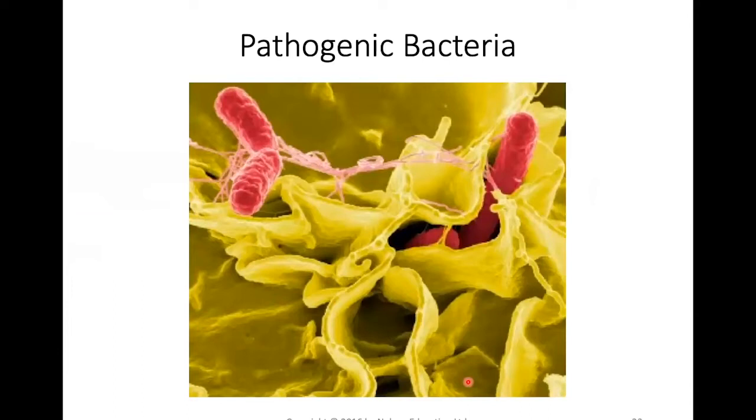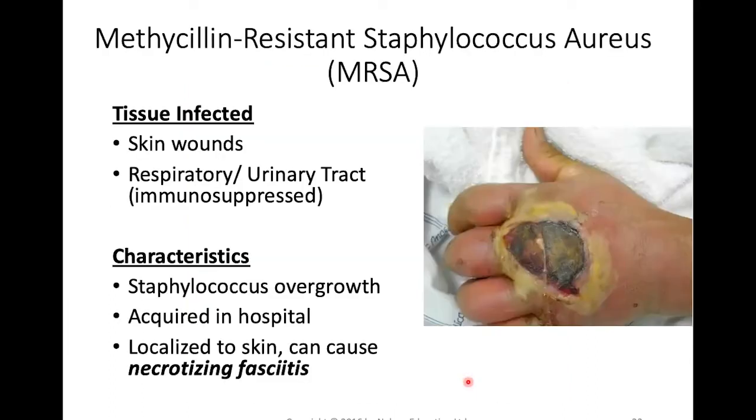And so we're going to be spending some of our time right now taking a look at some of the most common types of pathogenic bacteria. So these are bacteria that are capable of producing infections when they are allowed to grow in abundance within our bodies. So the first type is known as MRSA, and MRSA stands for methicillin-resistant Staphylococcus aureus. So there's a lot of information that you can take just from this name in itself.